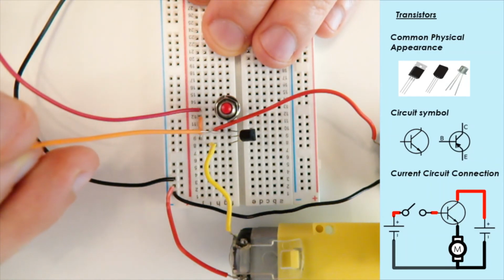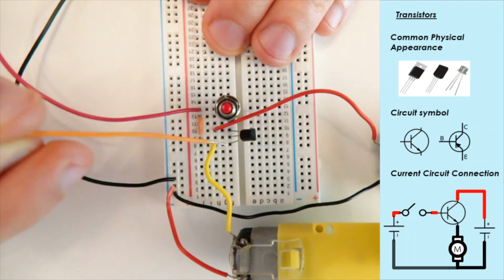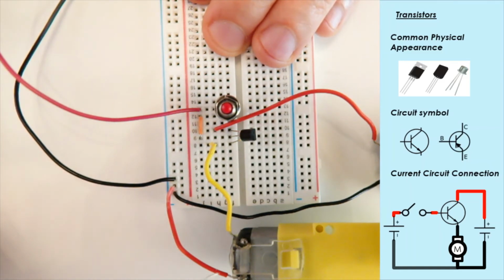And this rail here is connected to the positive side of our secondary power supply, our 9 volts in this case. The emitter side, this rail here, is connected through this yellow wire down to our motor, and the other side of the motor is connected to ground. So are both of the negative terminals of our battery supplies.